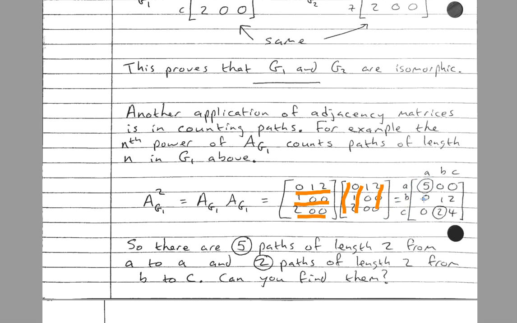So this 5, for example, is telling us that there are 5 paths of length 2 from A to A. Okay, this 5 is in the row corresponding to A and the column corresponding to A. This 2 is because we have a second power.